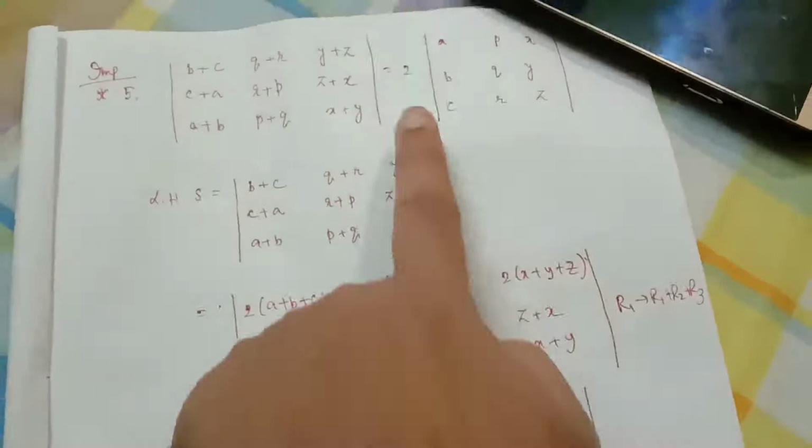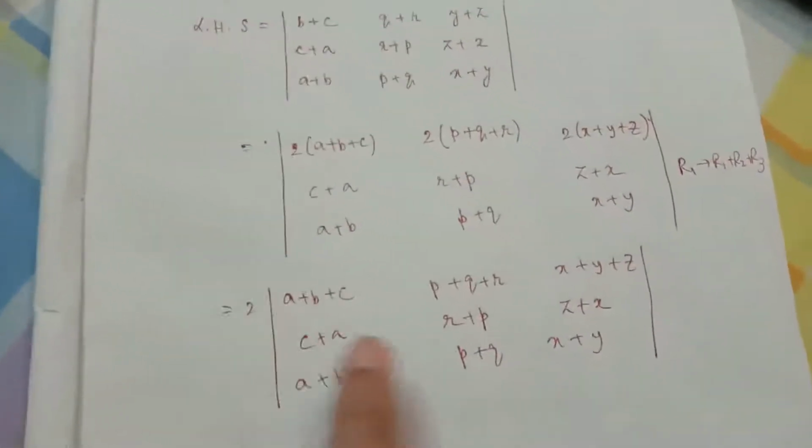Next, you see in the right hand side there is 2, and we already got 2 here.